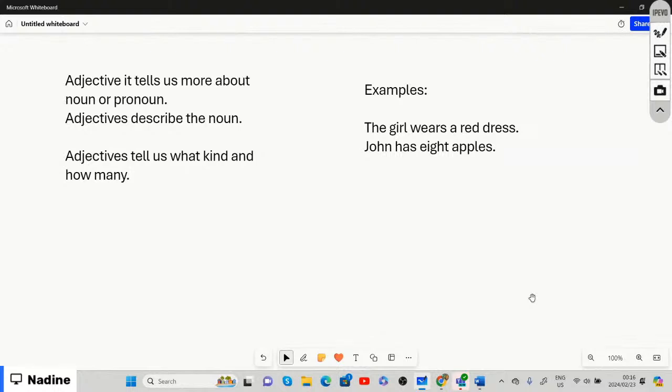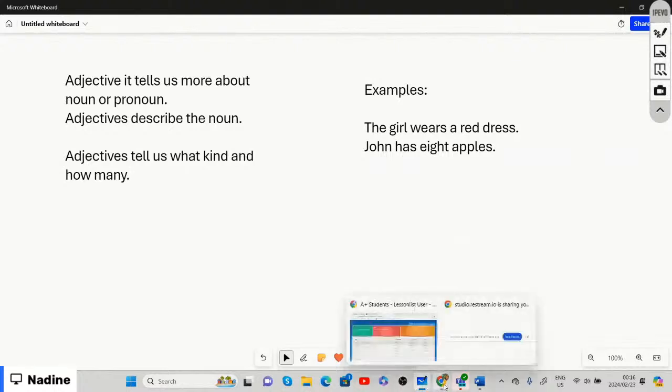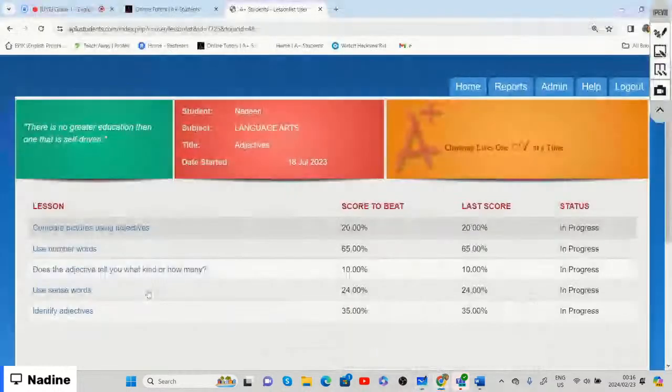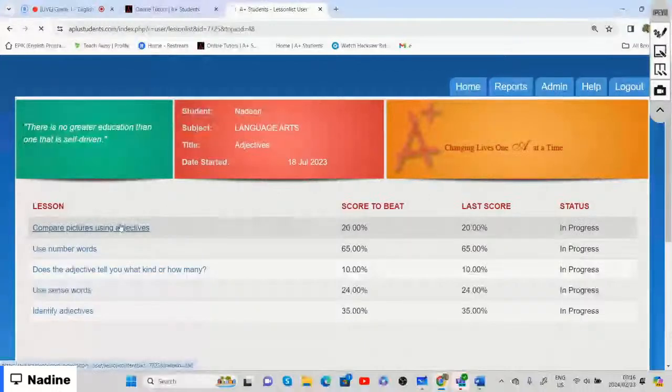All right. Now we're going to do our tutorial on aplusstudents.ca. We're going to compare pictures using adjectives.